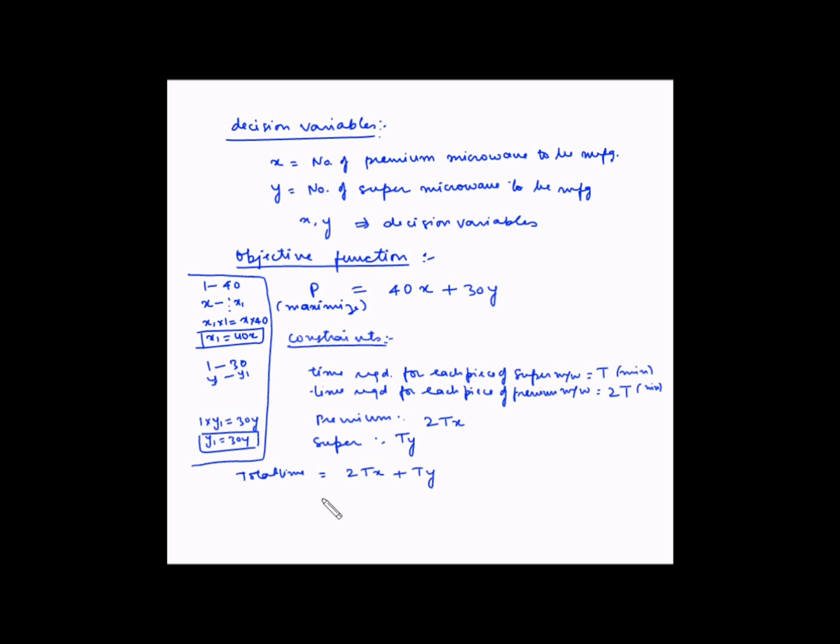Now we have also been given that if we were to manufacture only the super microwave, then from a time constraint point of view, we can manufacture 1000 microwaves in a day. So basically here we have not been given the total number of minutes for which the manufacturing facility is working.